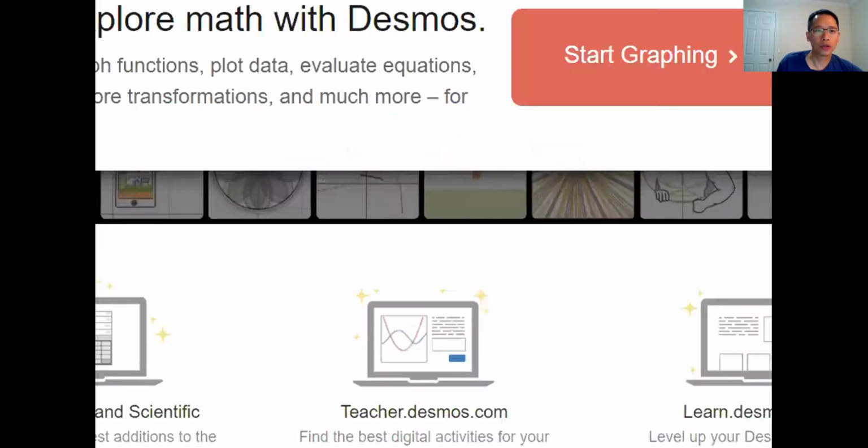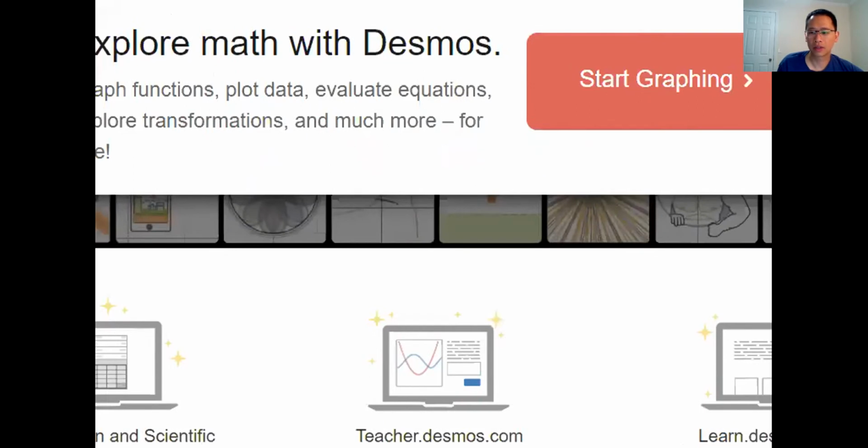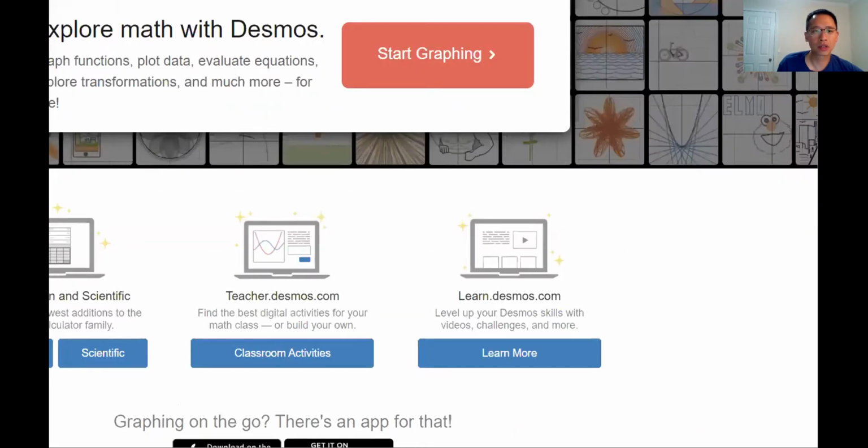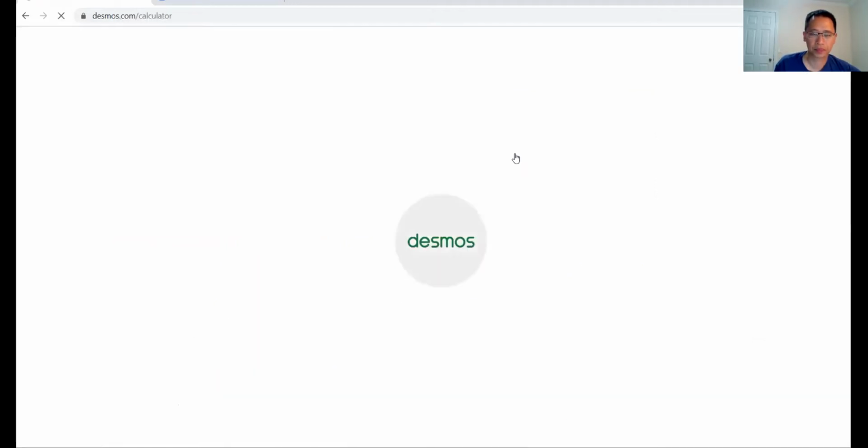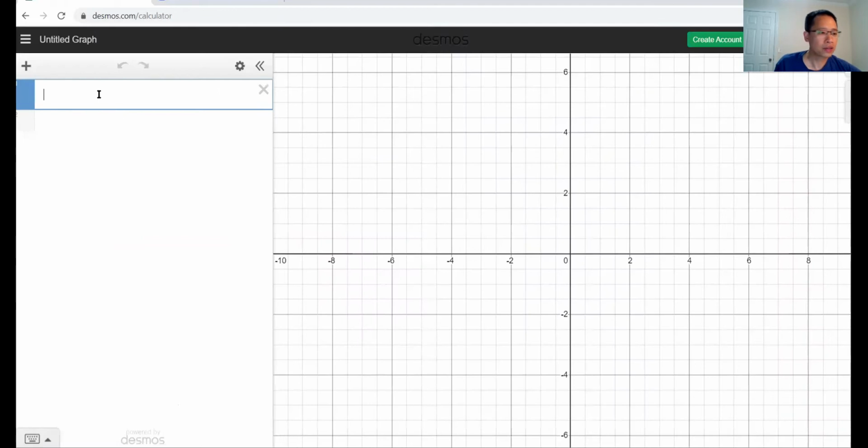You're going to go to Desmos.com, and you can hit Start Graphing. The equation that we're using is y = 2|x + 8| + 2.